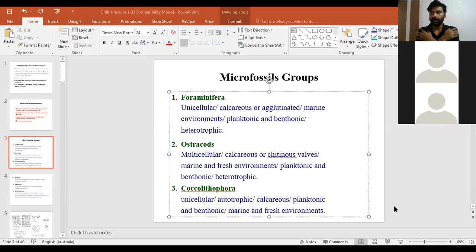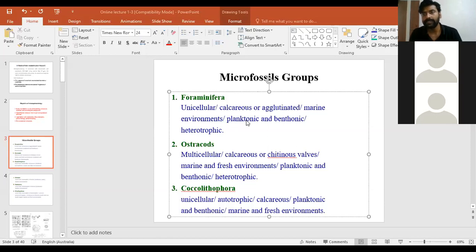Okay, so typical उनका कोई composition नहीं होगा, it all depends upon in which substrate it is living. So जो भी उनके आसपास में होगा वो अपने शरीर में उसको चिपका लेते हैं, and they are known as agglutinated forms.